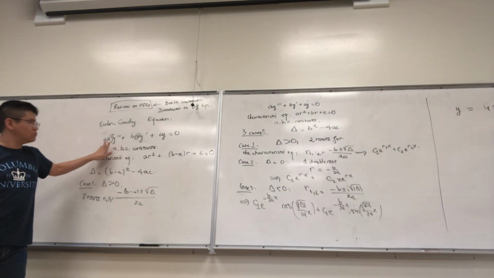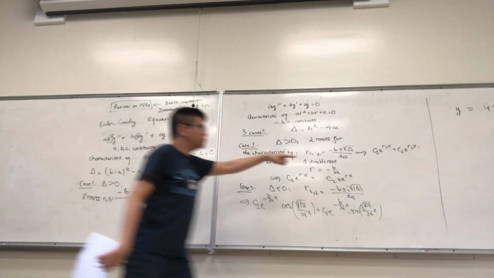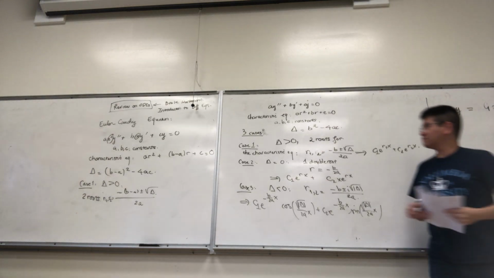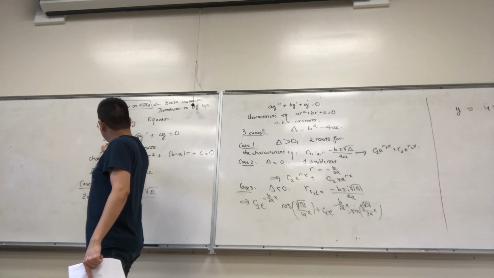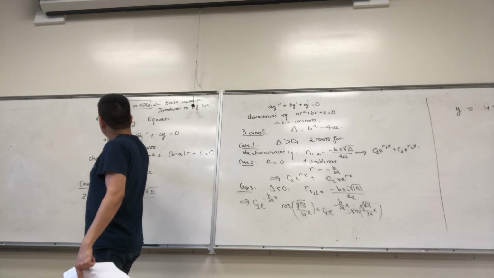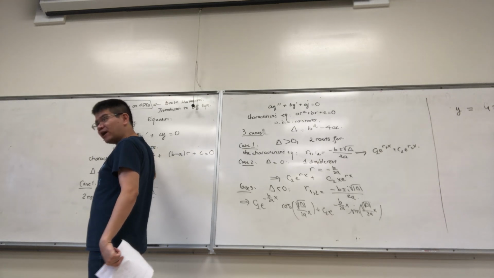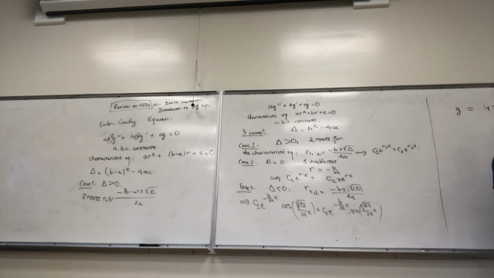When you have polynomials in the equation, you have to play with polynomials, because here you have polynomial ax squared as the coefficient of y double prime, bx as the coefficient of y prime. Which means that here you're going to have to put polynomials. You have C1 x to the power R1 plus C2 x to the power R2.